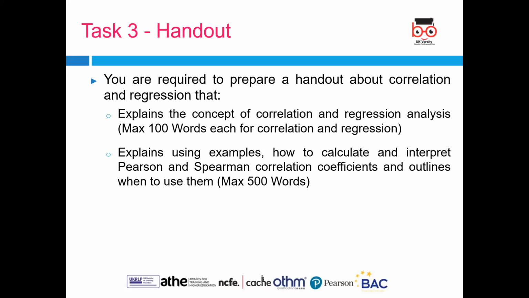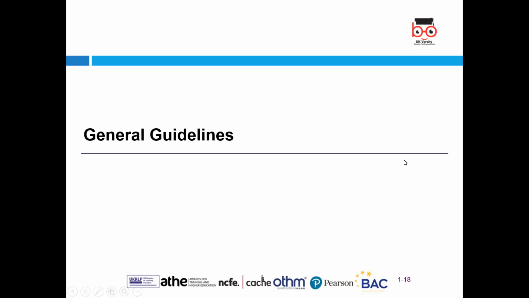You can go through the concepts once again, and then you can explain using different examples. This section you can limit to a maximum of 500 words. So that is all about this module specific assignment.